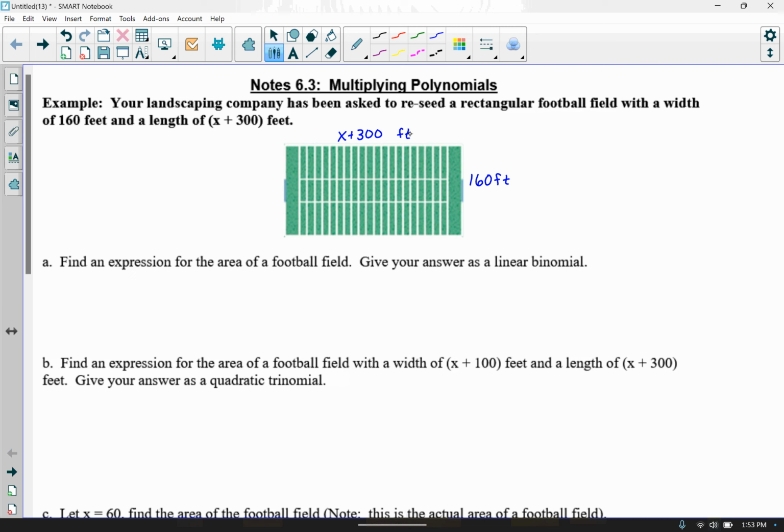Part A wants us to find an expression for the area of a football field, and we're going to give our answer as a binomial. So remember, the formula for area of a rectangle is length times width. Now let's substitute in what we know. We've got a length and a width here: 160 times x plus 300.